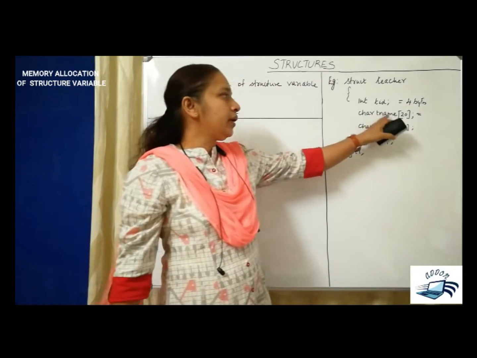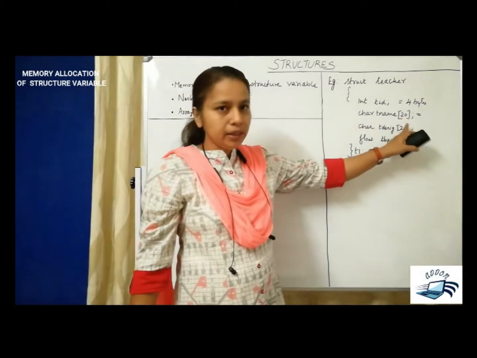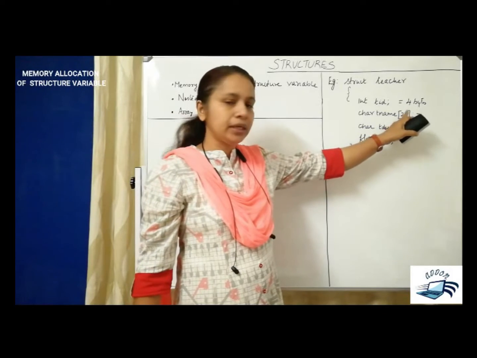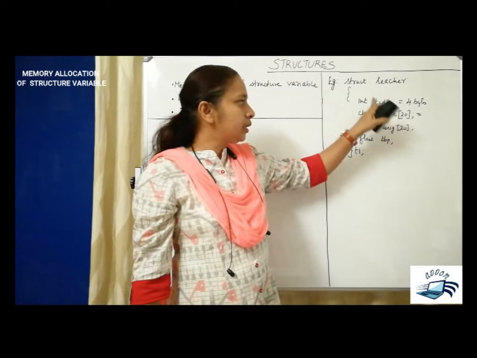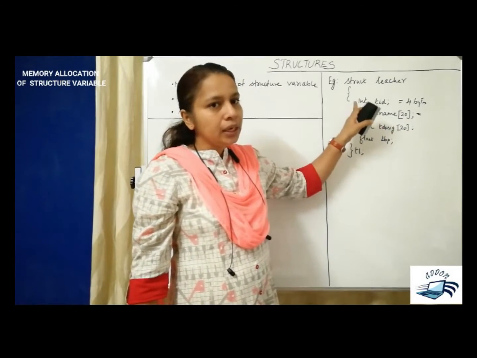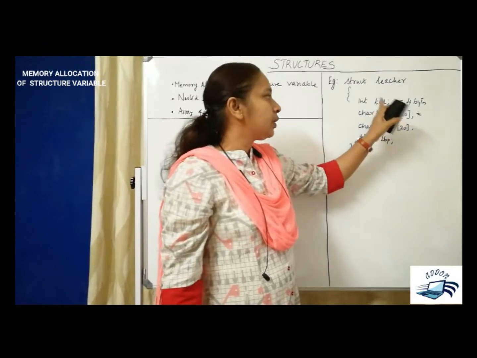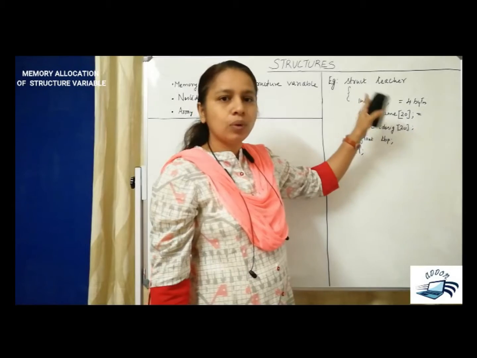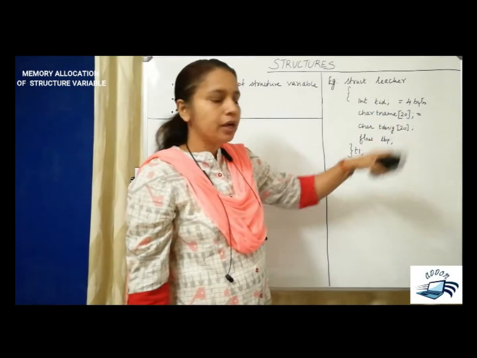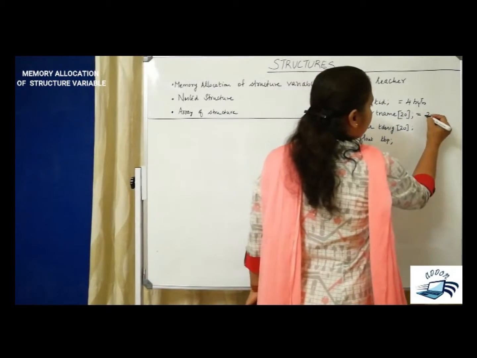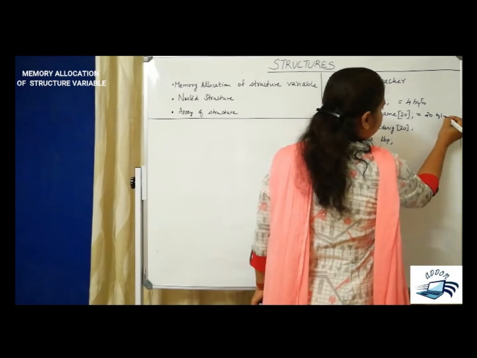And here TNAME is of type character array. TNAME can occupy 20 characters. That means TNAME will take 20 bytes of memory, because for the character data type, each character requires 1 byte of memory. So TNAME will occupy 20 bytes.